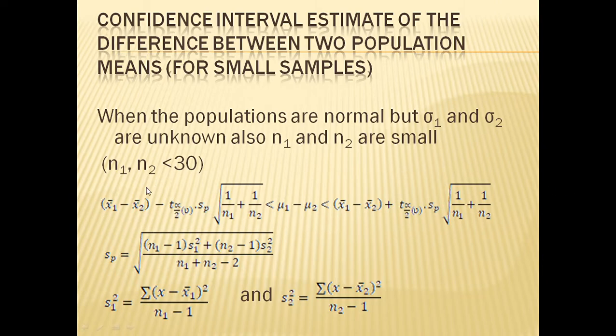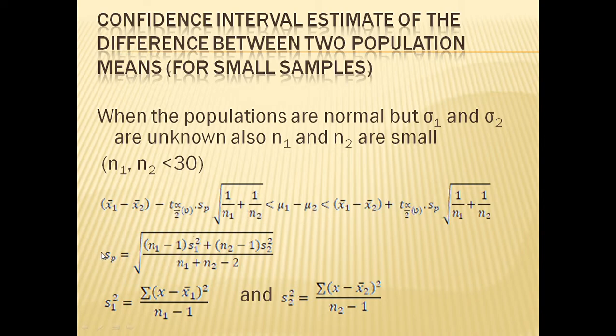This formula is quite changed from the above formula, because here we use the t-test. One addition is SP, which is called the pooled standard deviation, and under the root we write 1 by n1 plus 1 by n2.